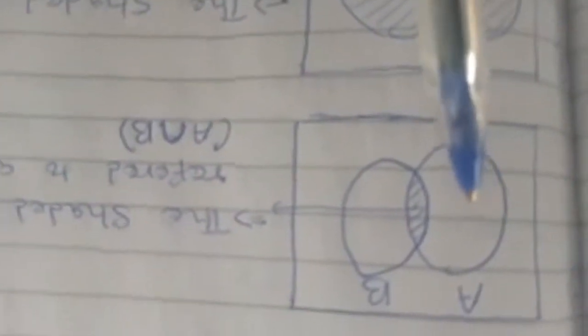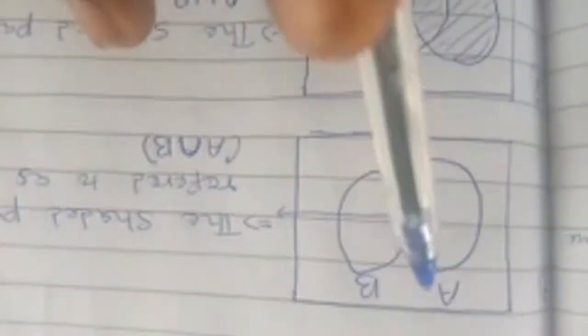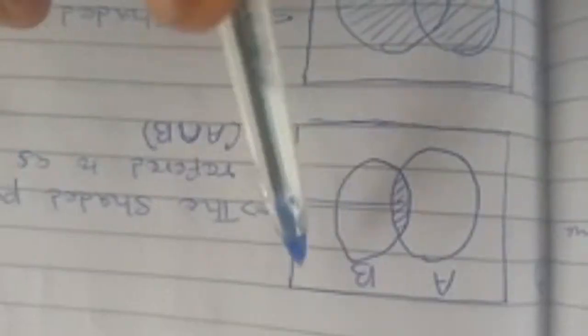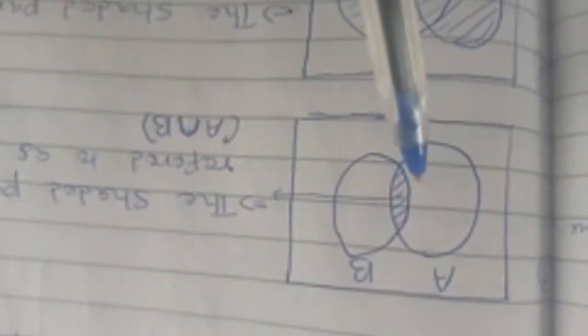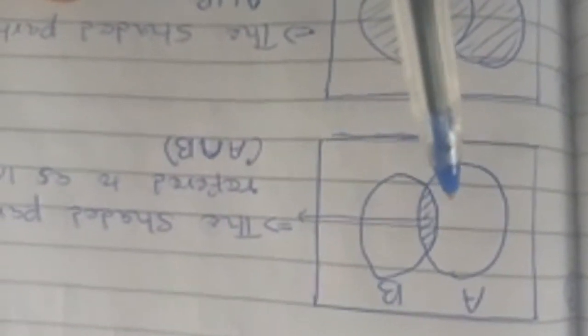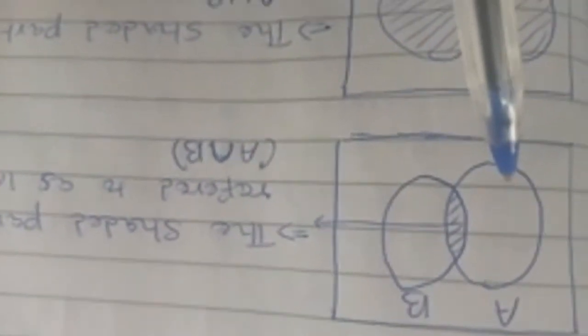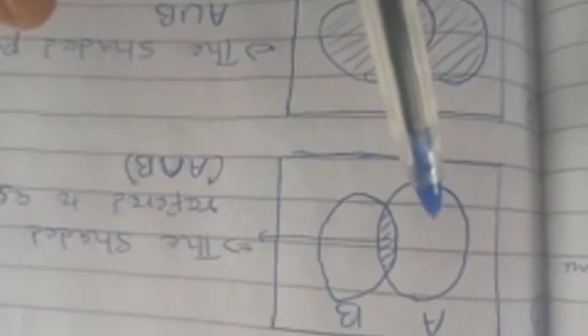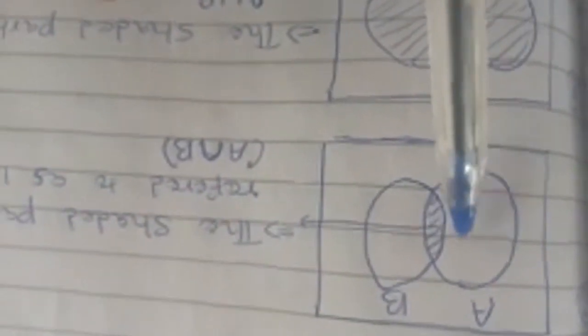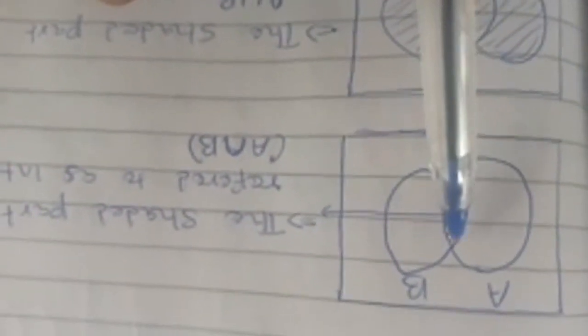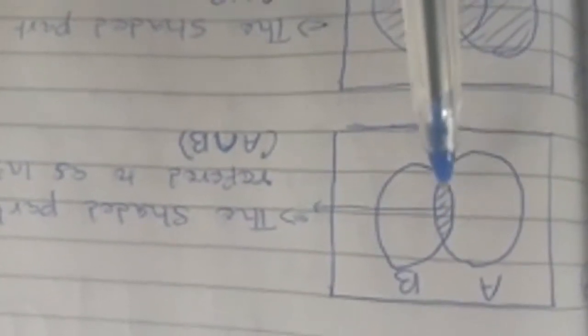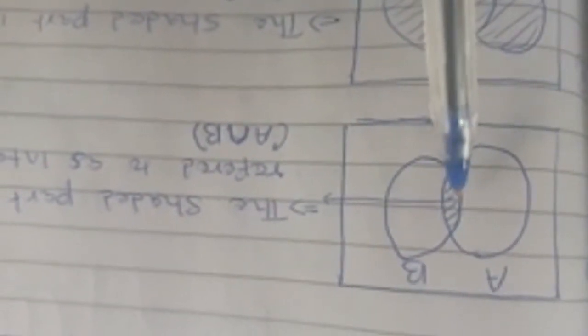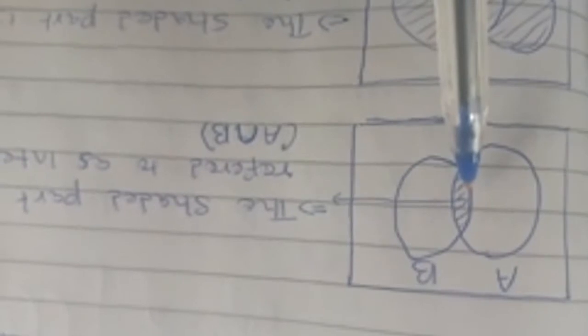Then another one is this. If you see this, we have two sets. That's why we have two circles in the box. Now note that the middle here is always called the intersection.